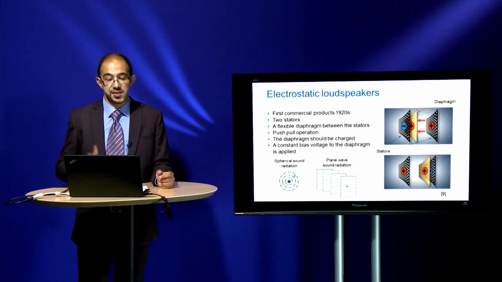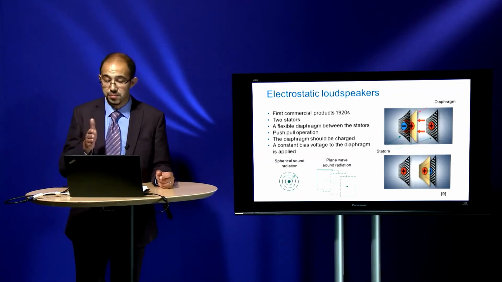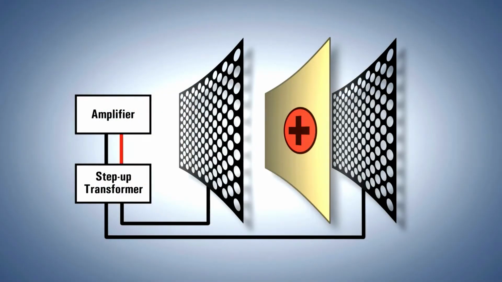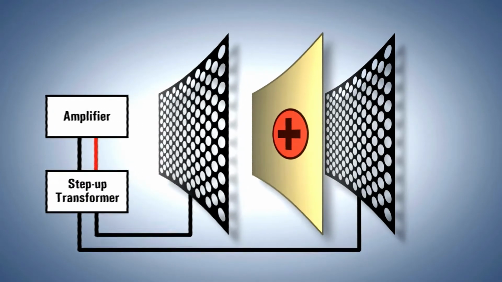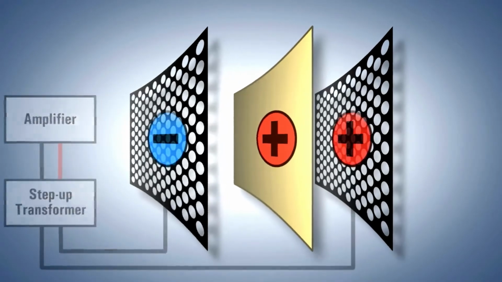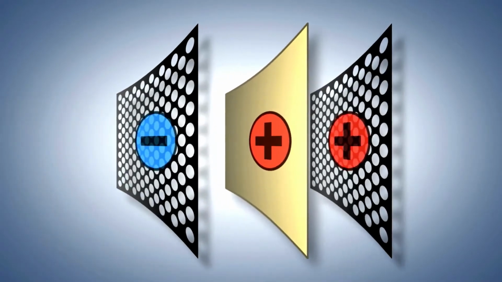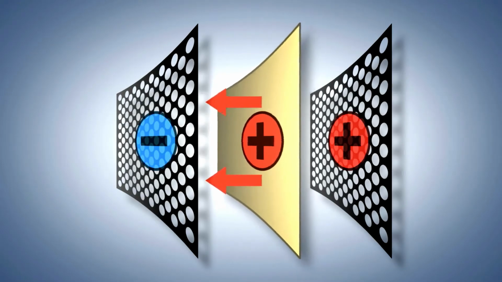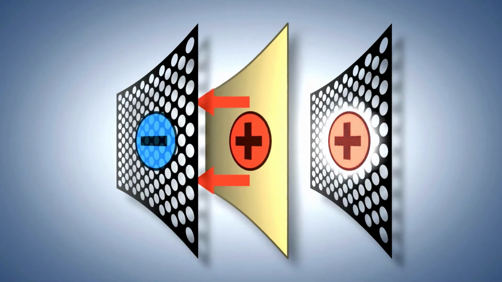And this diaphragm is flexible between these stators, and a steady positive charge on the diaphragm, and at the same time a negative charge on the stator, cause the stator to pull this diaphragm. The other stator is charged positively, therefore it pushes this diaphragm.